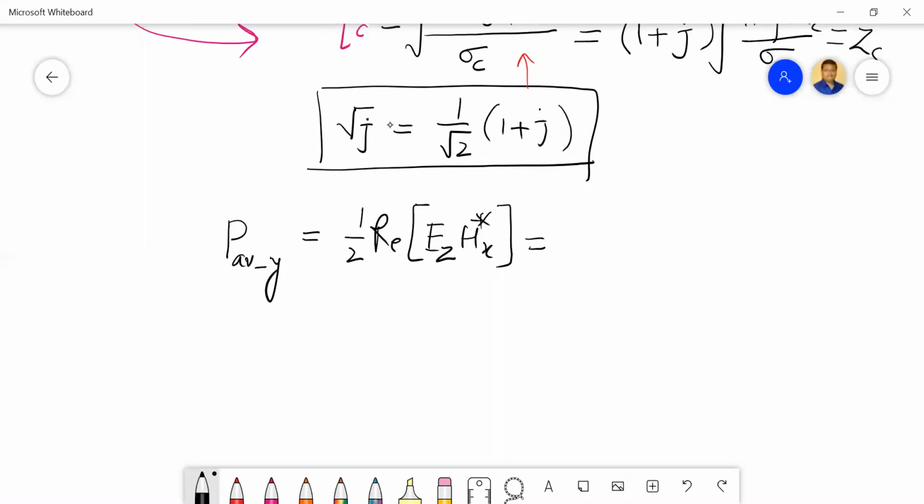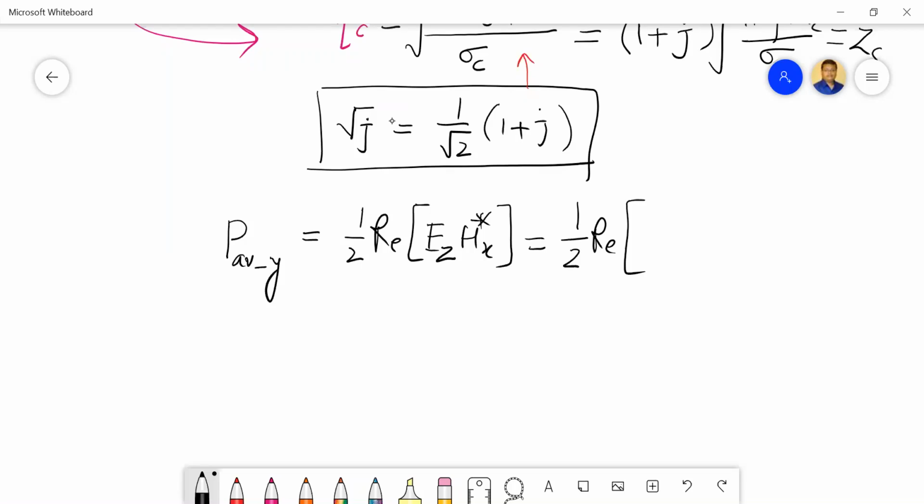We have so many relations and we can utilize them. So this will be half the real part of Ez. How can we write Ez? We have a very good relation between Zs and Et, and Et is the tangential component, which is Ez.